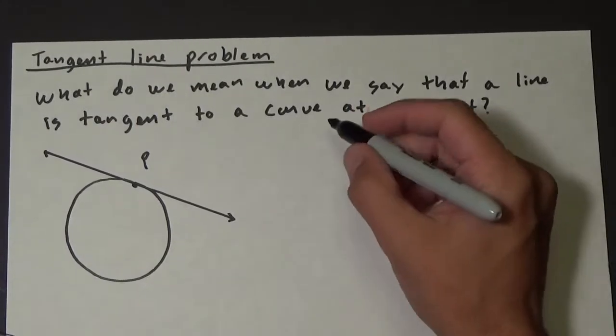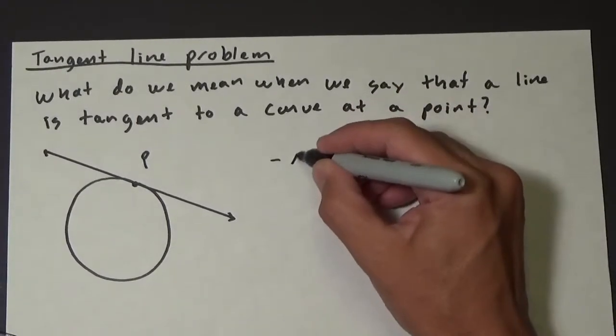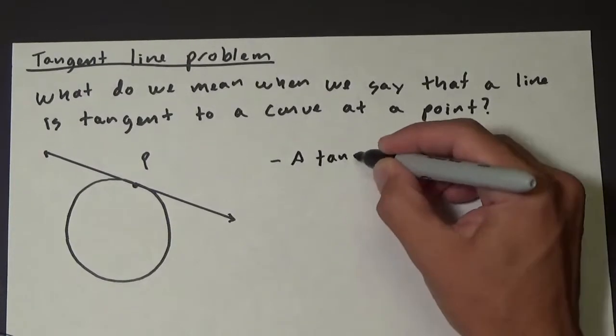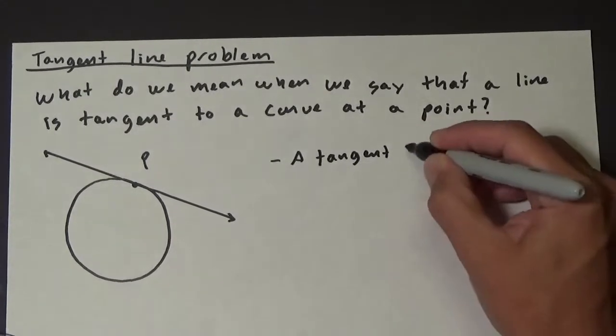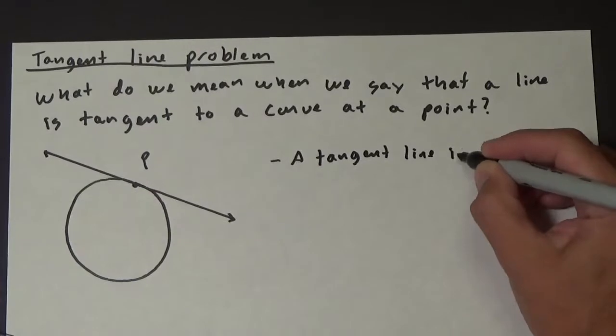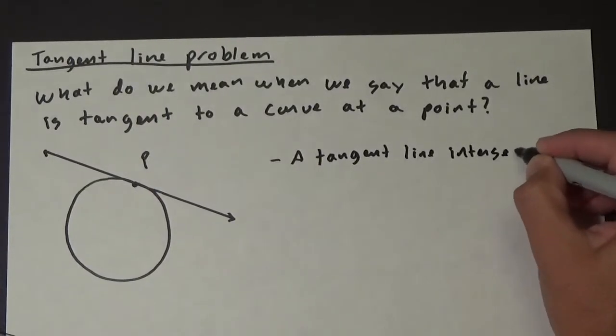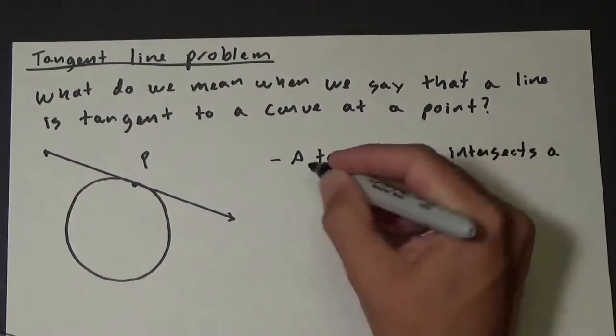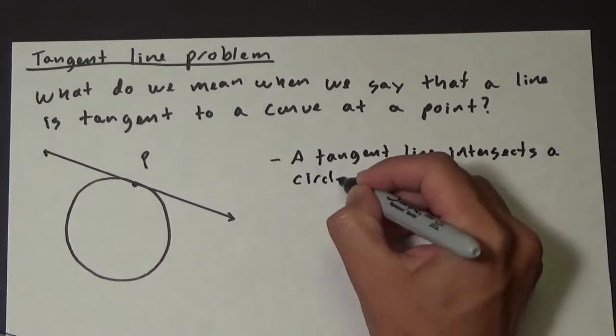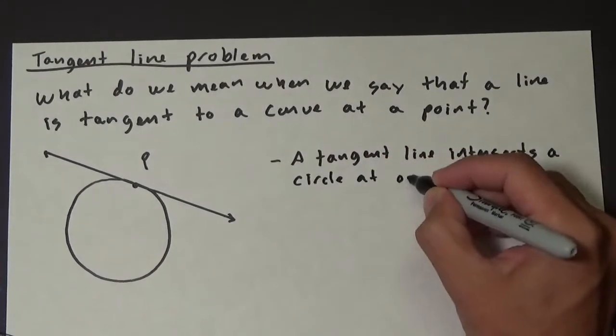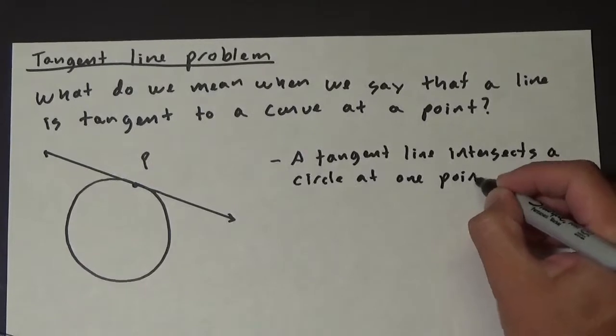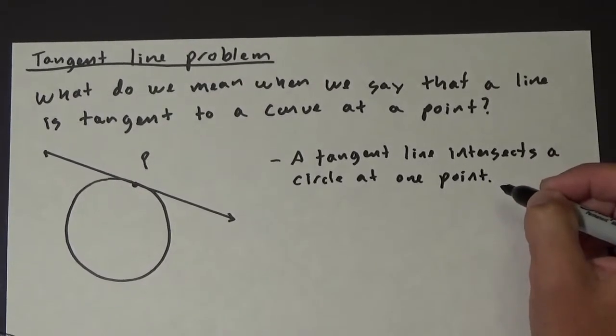So there's a couple of concepts that we have. A tangent line intersects a circle at one point. Okay.